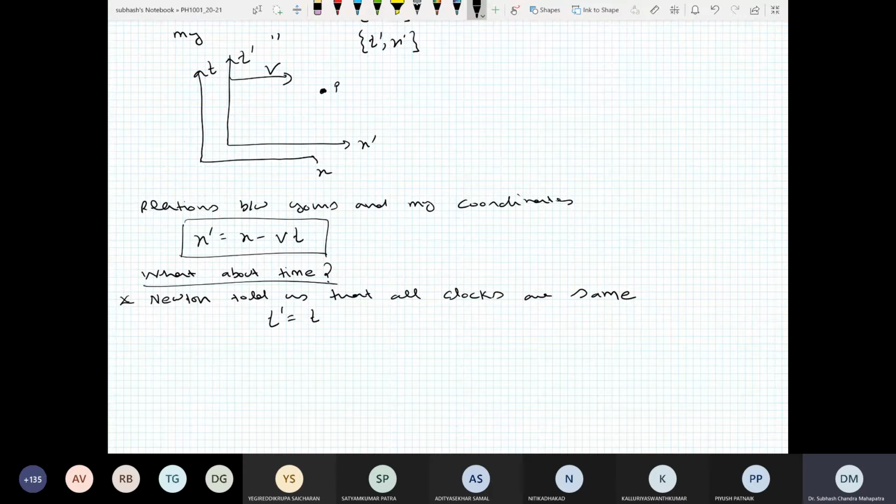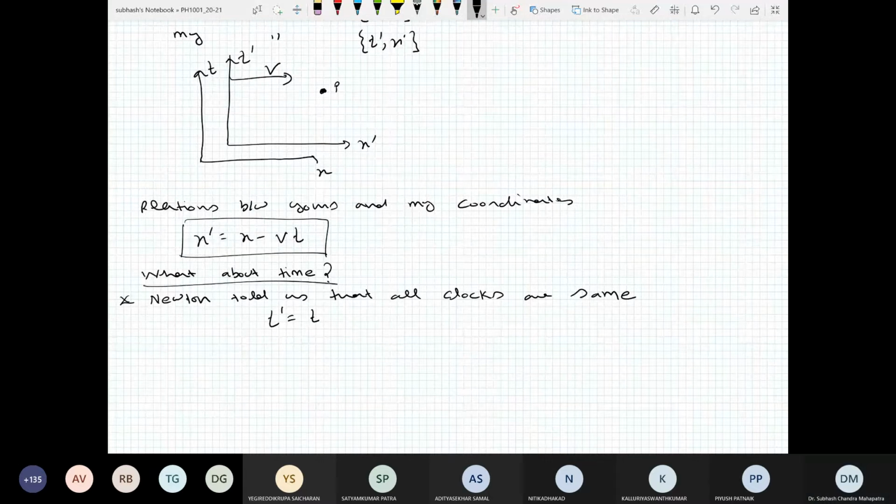For example, you are at rest, and I am moving past you. I make one circle in a car and come back to the same position, and then we match our clocks. You will hardly notice any difference.